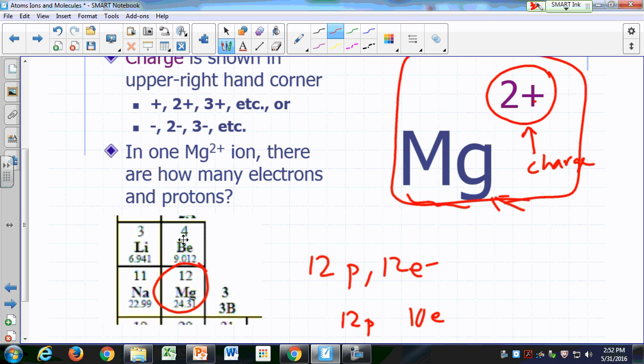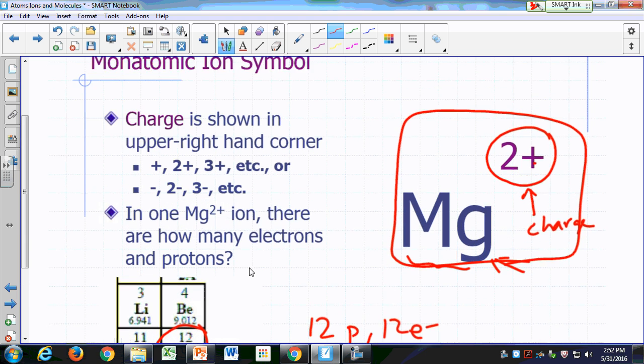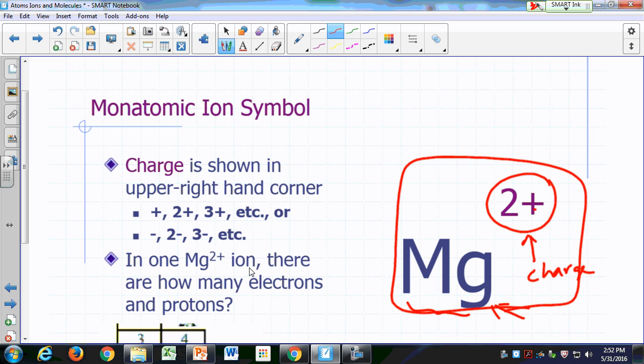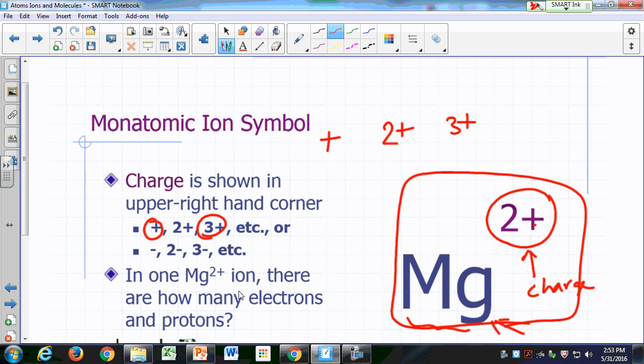Now, one thing you'll notice about the way the charge is written here: the standard way of writing it is, if it's plus 1, you just put plus. If it's plus 2, you actually put 2 in front of the plus. If the charge is plus 3, then you put 3 in front of the plus. Now, in the old days, you could write this as plus 2 or plus 3.